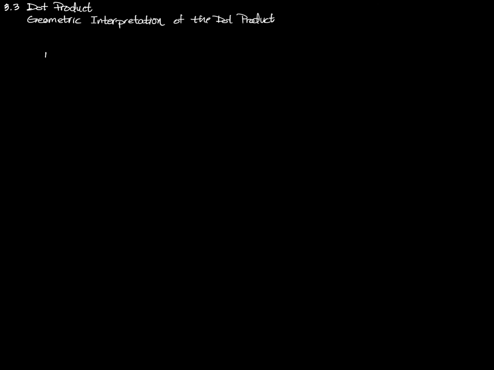Let's write this formula out again. U dotted with V equals the product of the magnitudes of U and V times the cosine of theta. And let's take a look at what happens when my two vectors, U and V, are at right angles to each other. In other words, theta is known to be pi over 2. Of course, that's 90 degrees if you're in degrees, but I'll be working in radians.